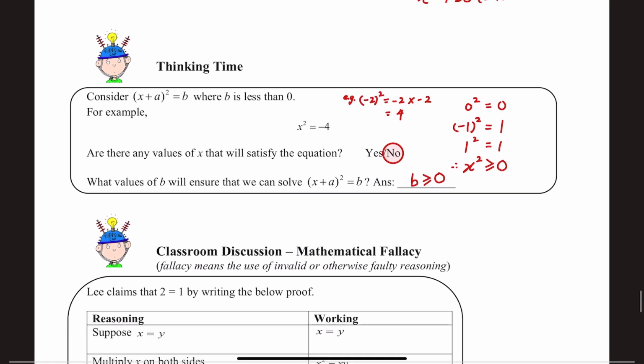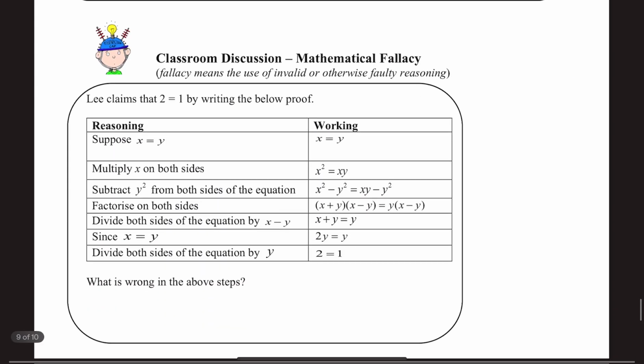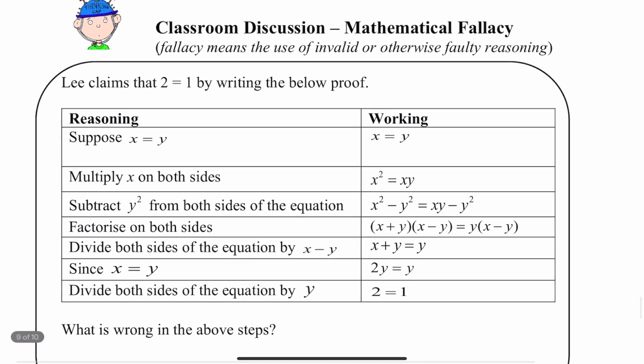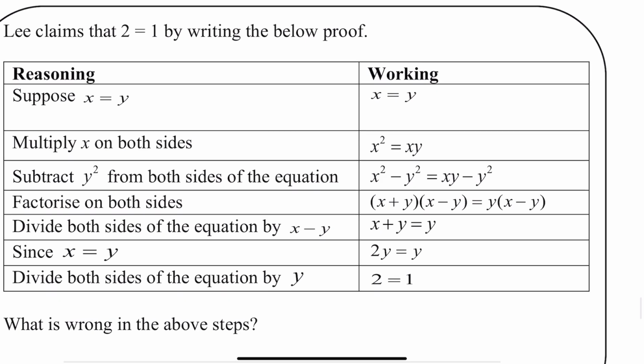Okay, so from here, let's now look at this part over here. This working claims 2 is equal to 1. If this claim is correct, your whole primary school and secondary school math will become invalid already. So let's look at what this person did. This person says, suppose x is equal to y.